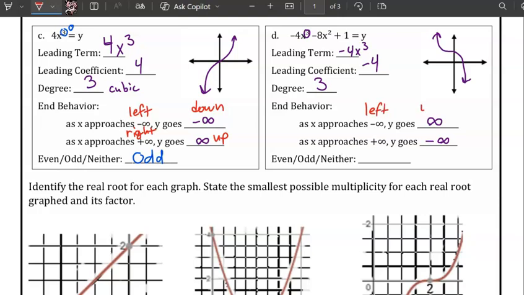Left, up, and right, down. The exponents, we have a 3 that's odd, a 2 that's even, and then x to the 0 that's even. We have both, so this is neither an even nor odd function.